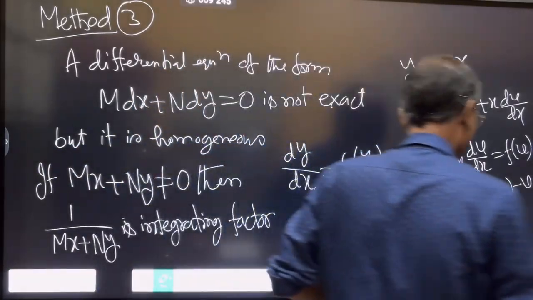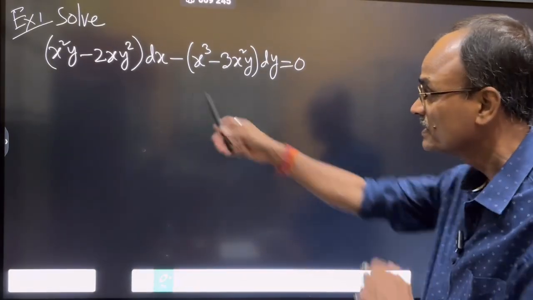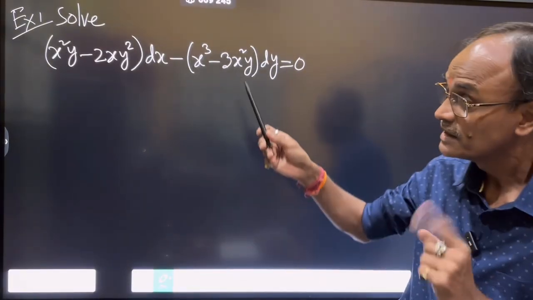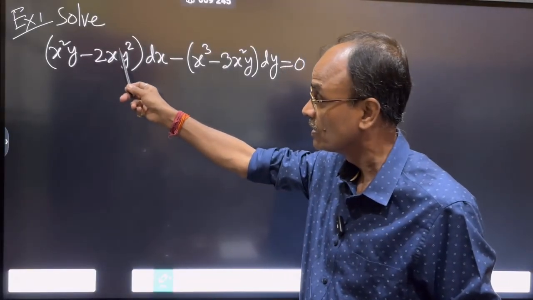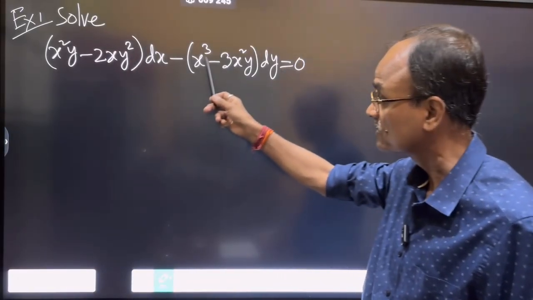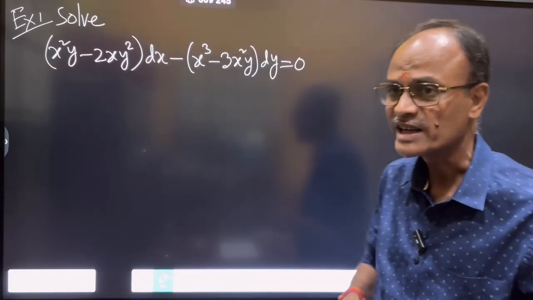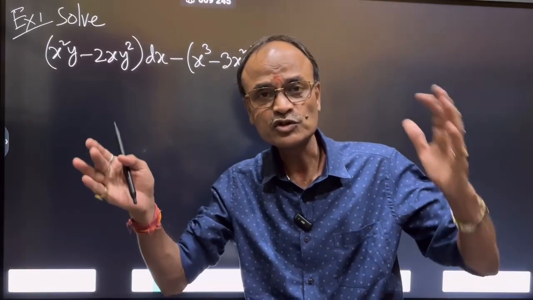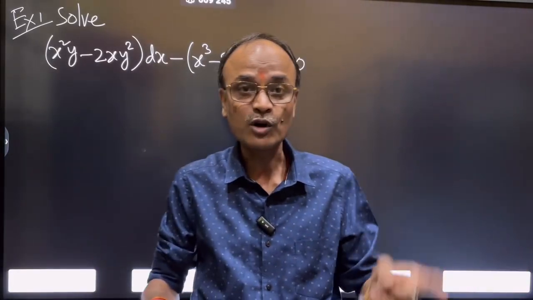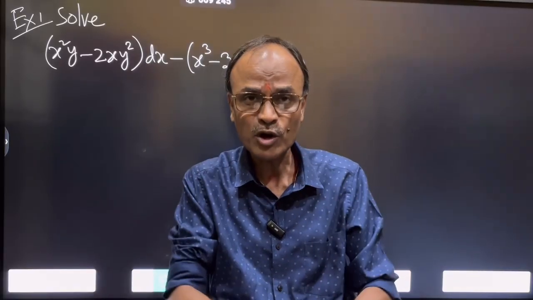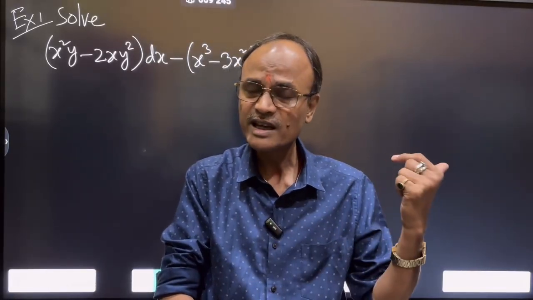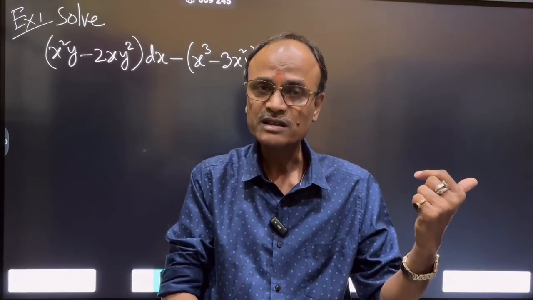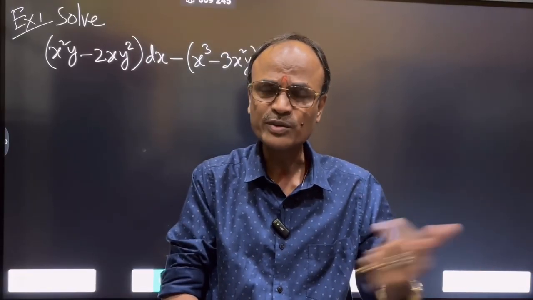Let us try to solve this problem. Suppose this equation is homogeneous. It is homogeneous, with degree 3 in each term. This differential equation can easily be expressed in the form dy by dx equal to f of y by x. You can solve it by putting y equal to vx.